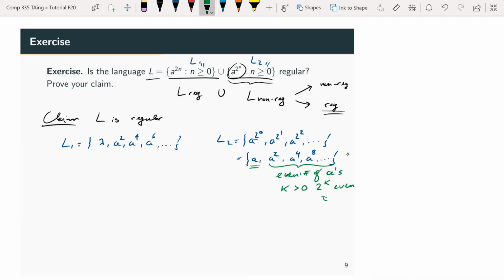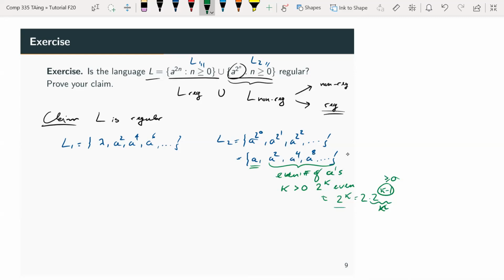then I can say that 2 to the k is equal to 2 times 2 to the k minus 1, and this is going to be greater or equal to 0, so this is just any integer, let's say n, and so I have that the left-hand side is equal to 2n, so it's even, right? So I know that all of the strings after A have an even length and are only A's.